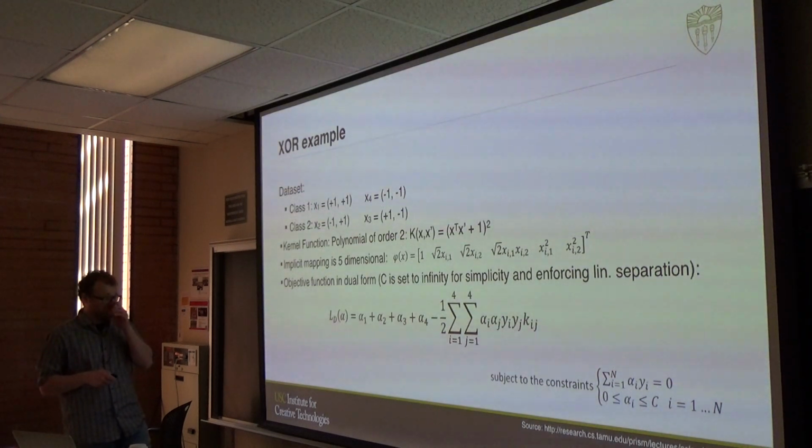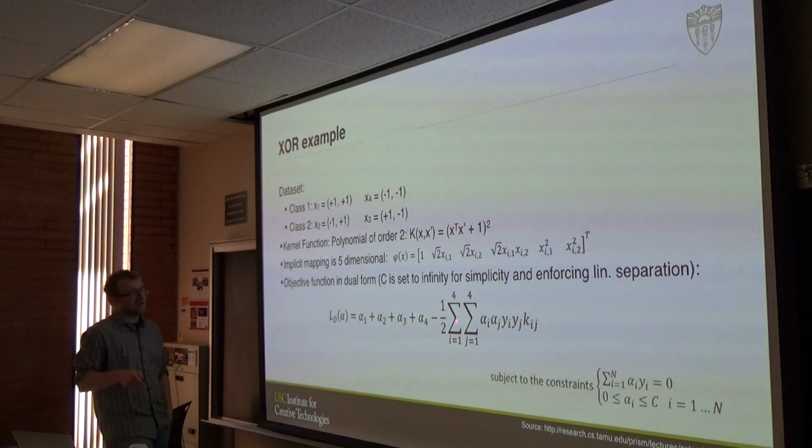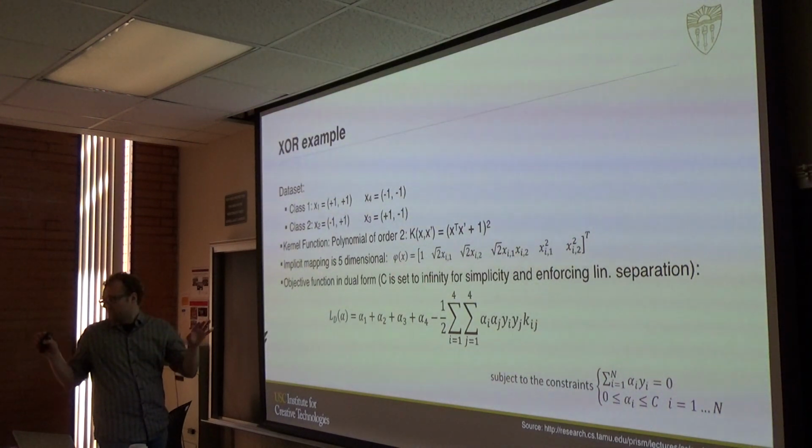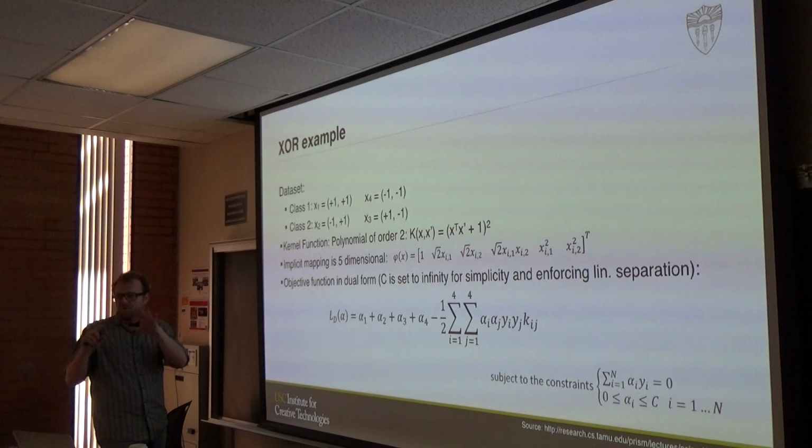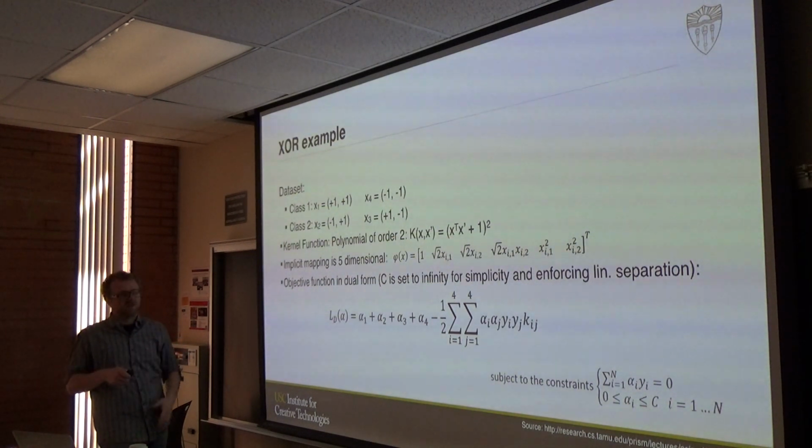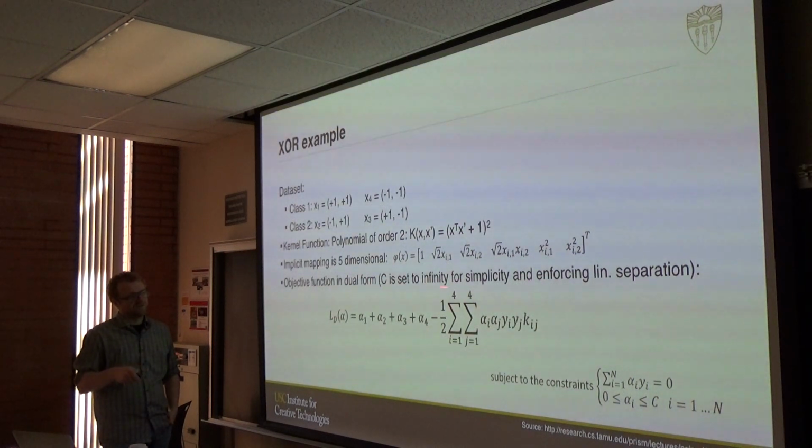So what we have to do is optimize the following function, our objective function in dual form, and C for simplicity is set to infinity, so we are enforcing linear separation. We don't want anything to fall within the margin or on the wrong side, so we don't have to think about that for the moment.